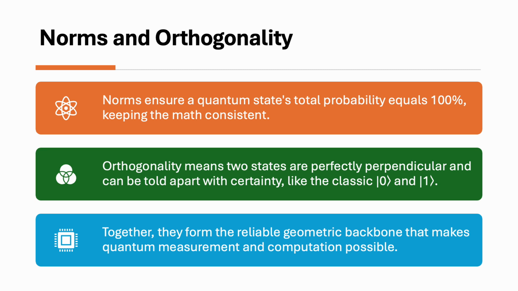Quantum algorithms exploit orthogonality to separate different answer possibilities cleanly, ensuring that when you measure the system, you get one clear result rather than a muddled mix, much like how your streaming service wants to give you one specific category of recommendations rather than confused noise.